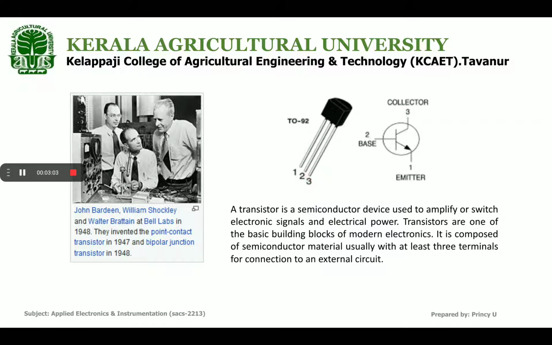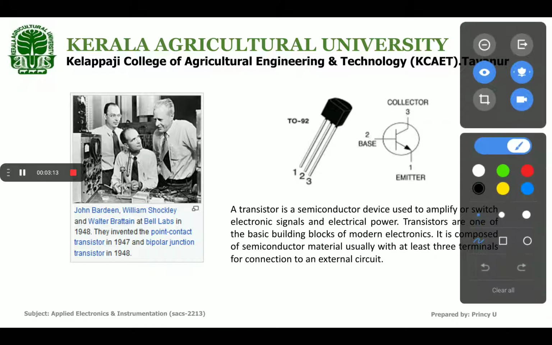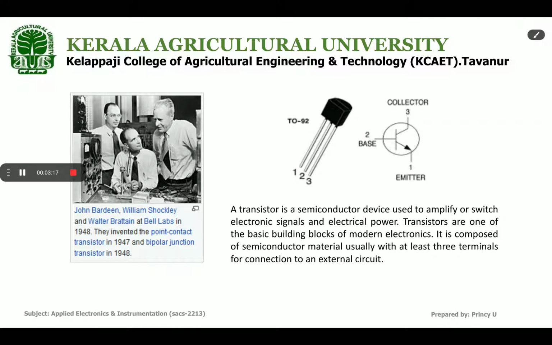When a third doped element is added to a crystal diode, we can construct a transistor. We know that a PN junction is the diode. If we add a third doped element into the semiconductor, we can construct a transistor.